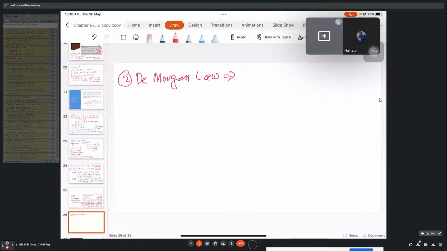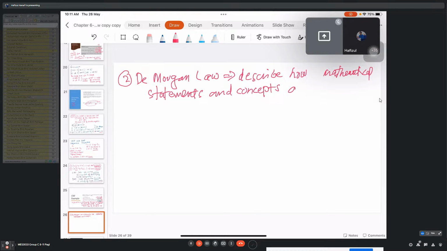Okay. De Morgan's law describes how mathematical components, statements, and concepts are related through their opposites.